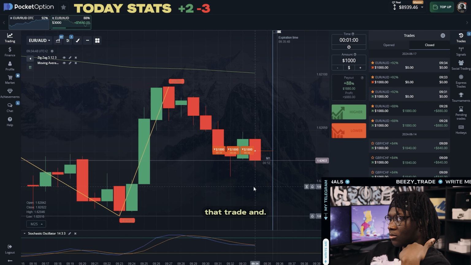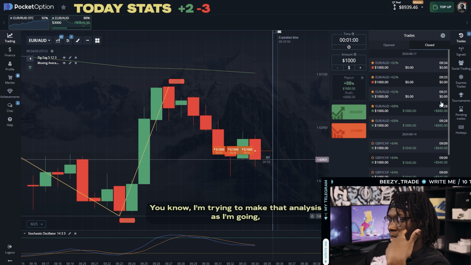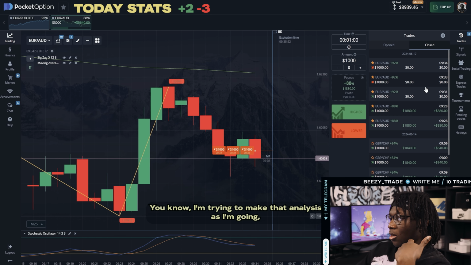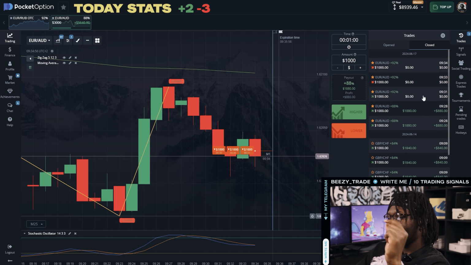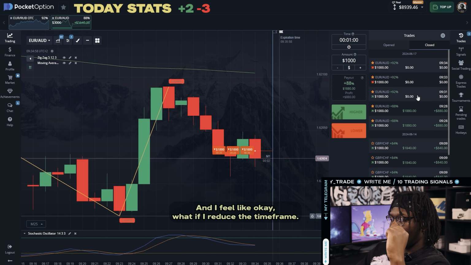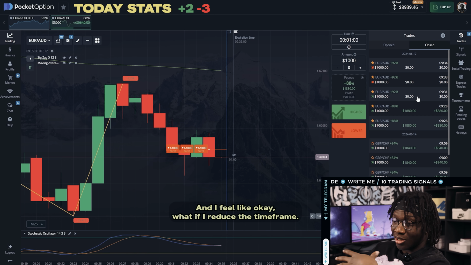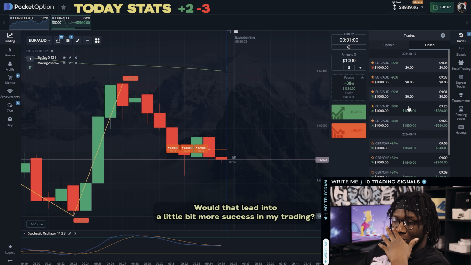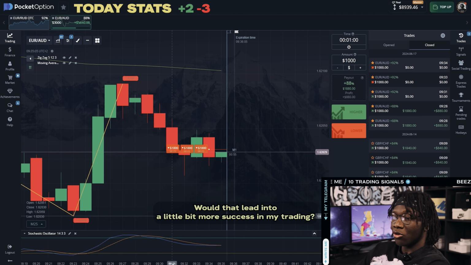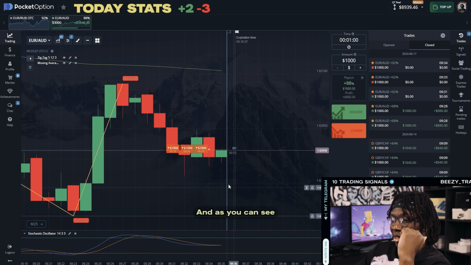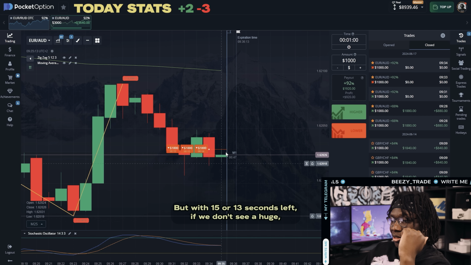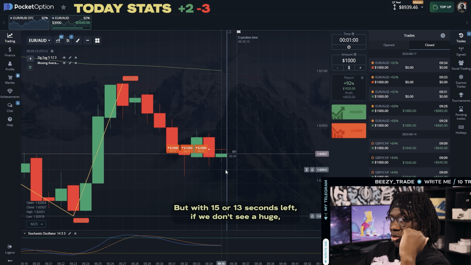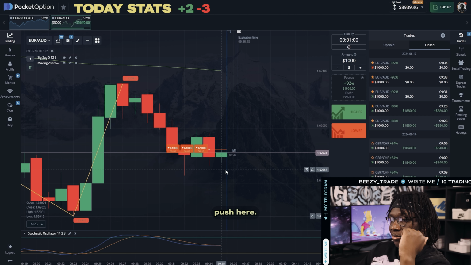And I'm trying to make that analysis as I'm going, and I see that all the trades I've lost, it's like seconds apart. And I feel like, okay, what if I reduce the time frame? Will that lead into a little bit more success in my trading? And as you can see, we're being pushed up a little bit here, but with 15 or 13 seconds left, if we don't see a huge push here.